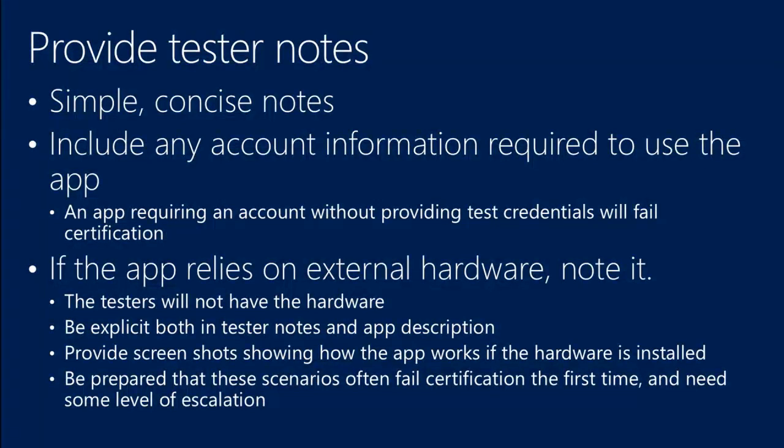So in the testing notes, I have to describe what the app does and, very briefly, how it does it, that it requires this kind of robot, and even if you don't have the robot, here's how you can simulate certain things in the app, like how you can move from page to page. They're not going to go and buy the robot and test it. They're going to take it a bit on faith that it works with these devices, as long as they can navigate through the app in a meaningful way, and as long as, if that device is not present, the app does not crash or do something ridiculous. Okay?